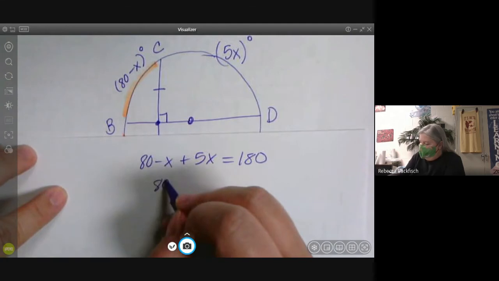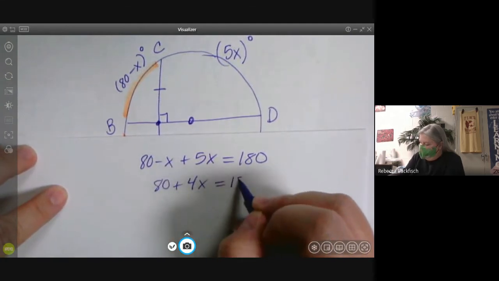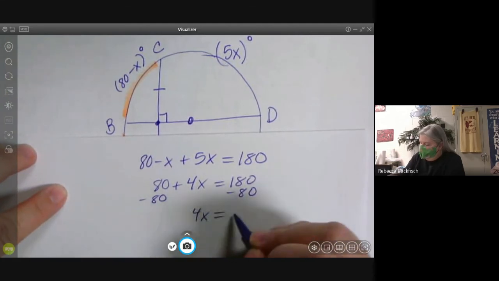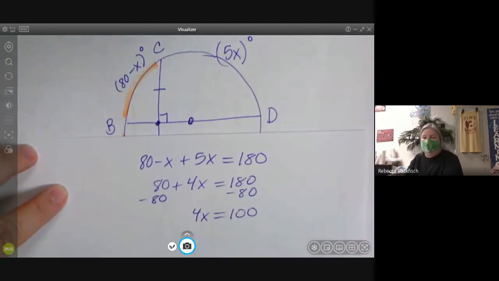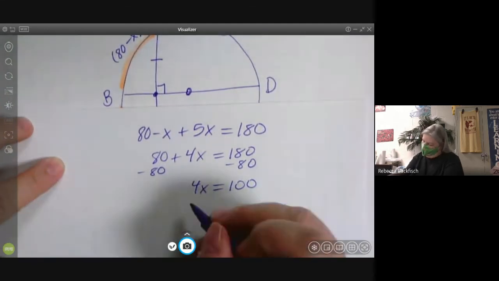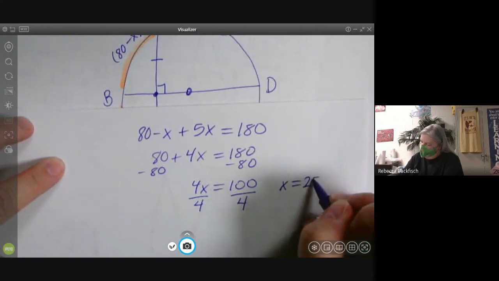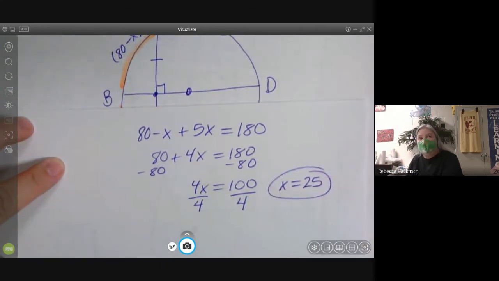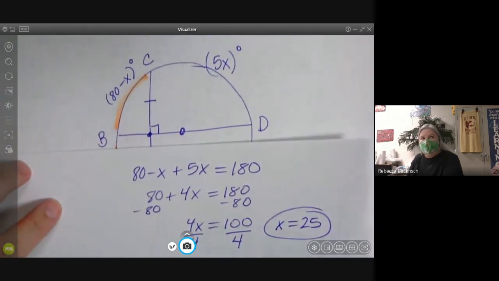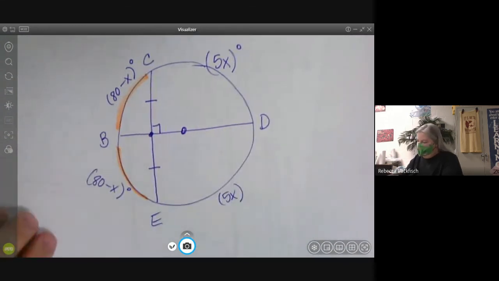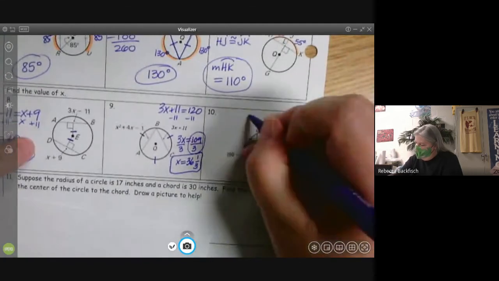So that's 80 plus 4x. And x is 25. Okay, so x is 25.